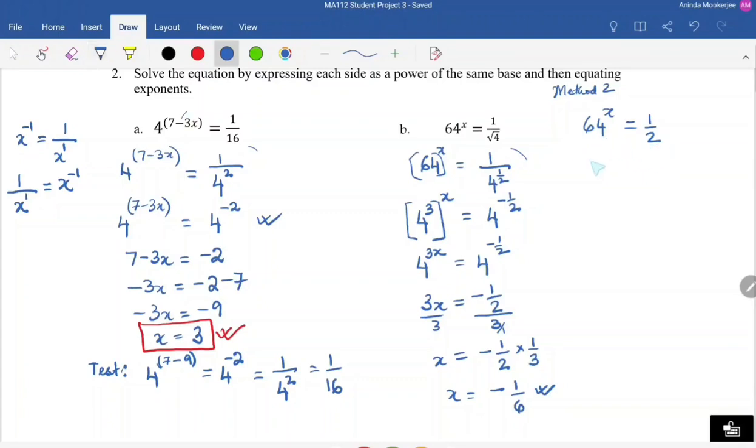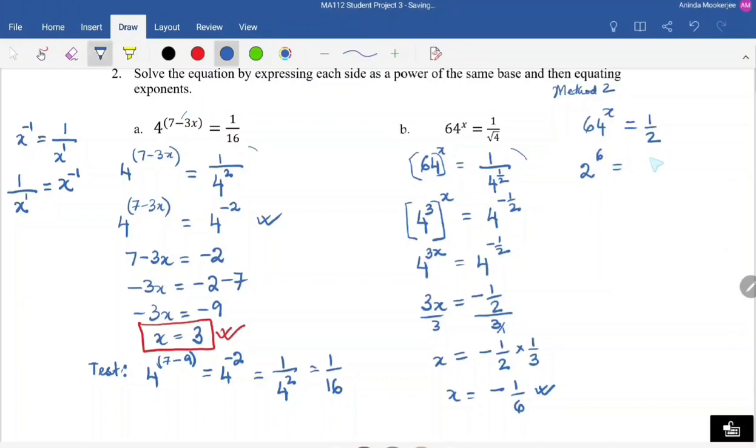So we will have 2 raised to the power, now 2 times 2 is 4, times 2 is 8, times 2 is 16, times 2 is 32, times 2 is 64. So it's 2 raised to the power 6.